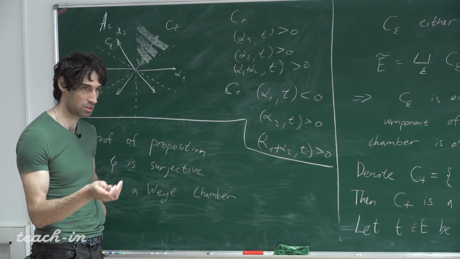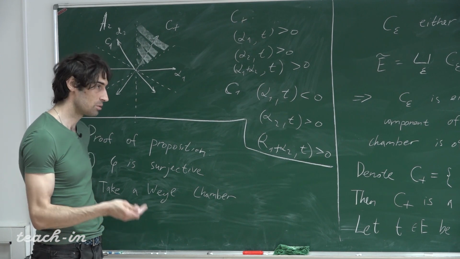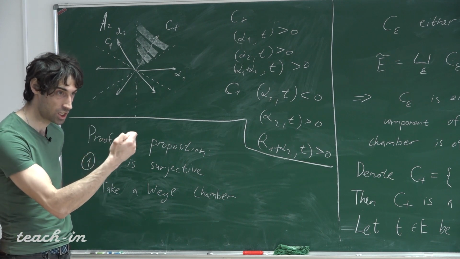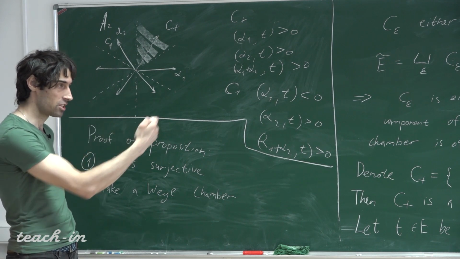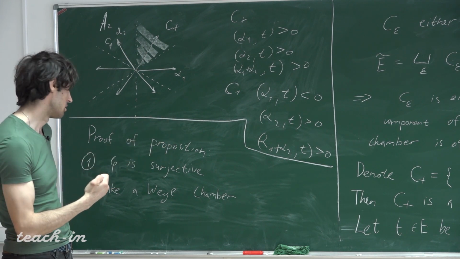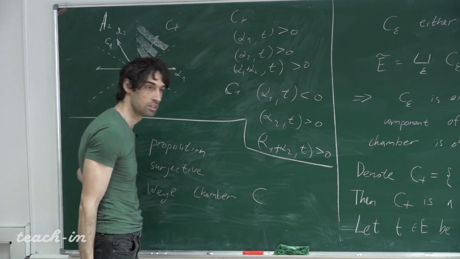I'm just throwing away all hyperplanes. So I don't know yet if it's positive or not. So I would like to see that there is some polarization, such that for this polarization it's positive. So I'm proving surjectivity of phi. Okay. Take a Weyl chamber, some C.